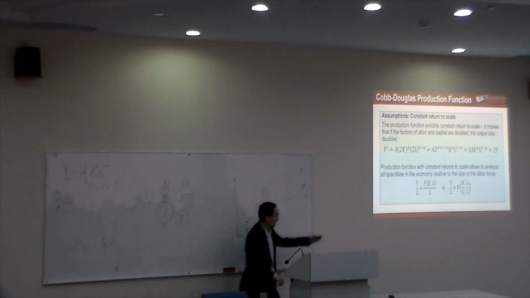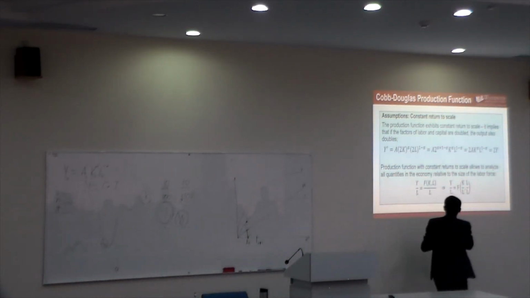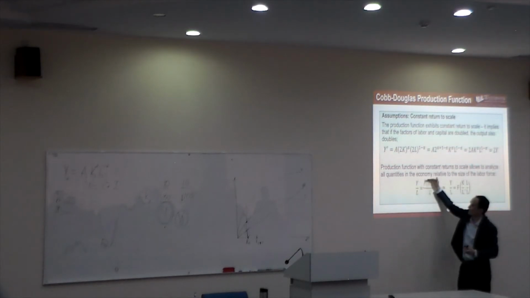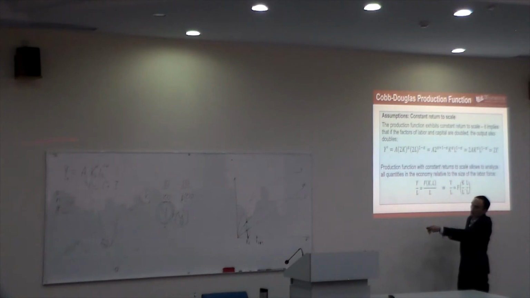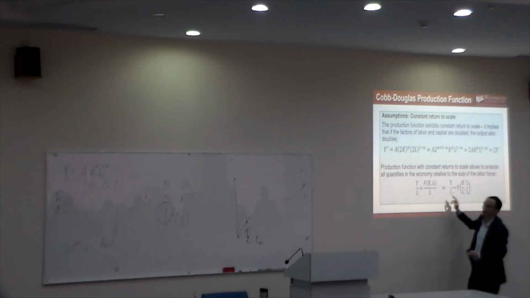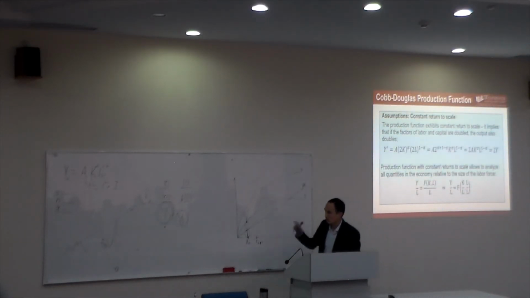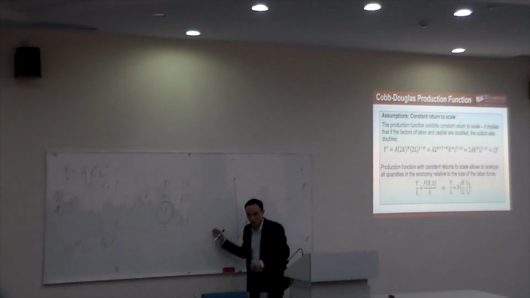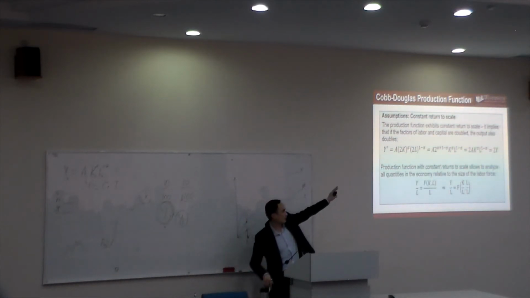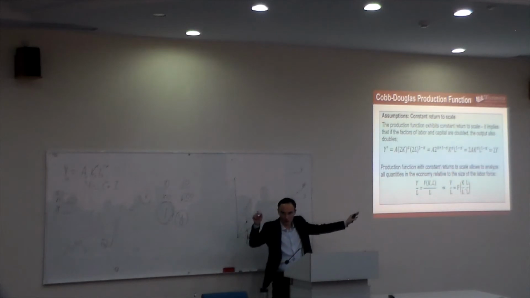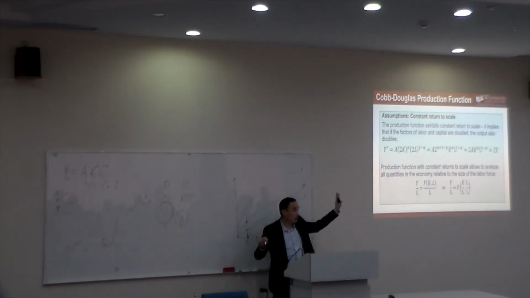Because of that function, we can divide and formulate our equation in per capita terms. Last week I forgot to mention per worker. We discussed the importance of per worker, right? And whatever data you see here that says per worker is all per worker, PPP adjusted.